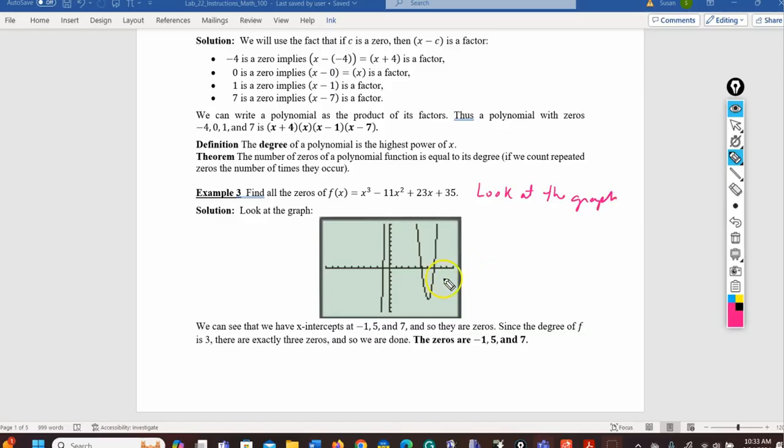Because if we're lucky and we can spot x-intercepts and they're easy to read, we can immediately say that those are the zeros. So here's a picture of it, but I'll also do it here for you.